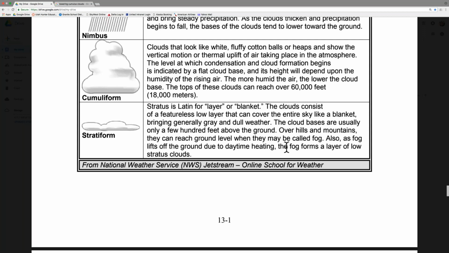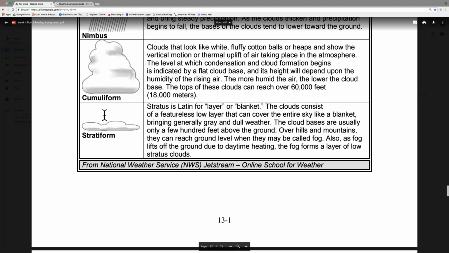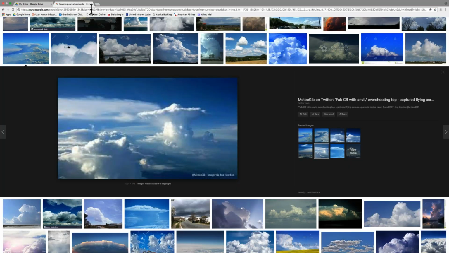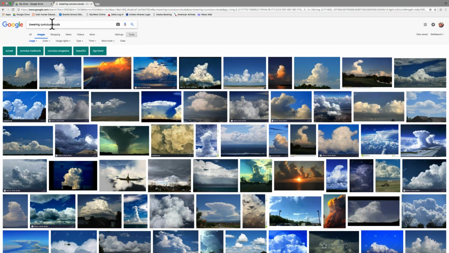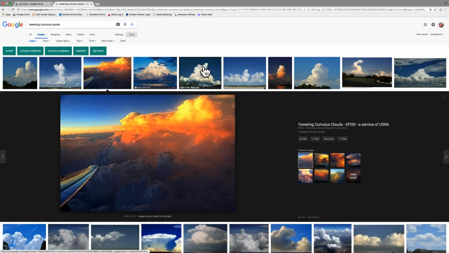So, yeah, let's look at some stratus clouds. That's really pretty.